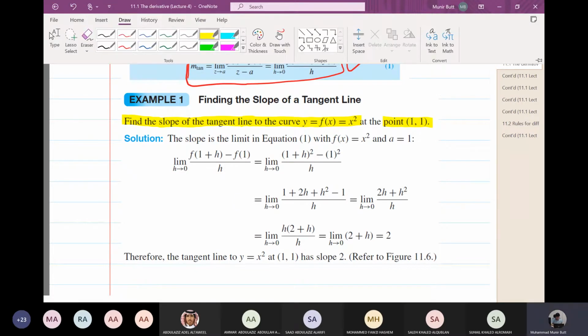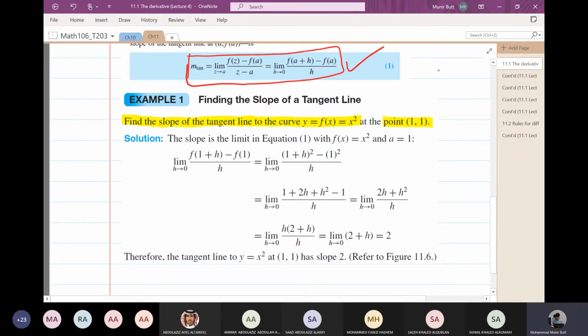Just to make it clearer, if there is a curve like this and there is a tangent here, and this is a point like (1, 1), you see at that point the curve and the tangent meet. So at this point the slope of the curve will be the same as the slope of the tangent. This is the idea.